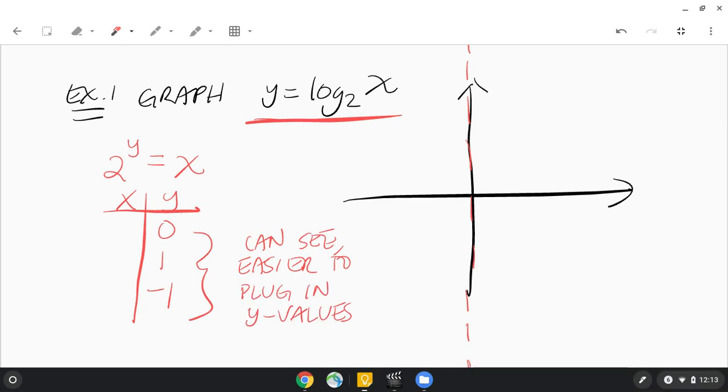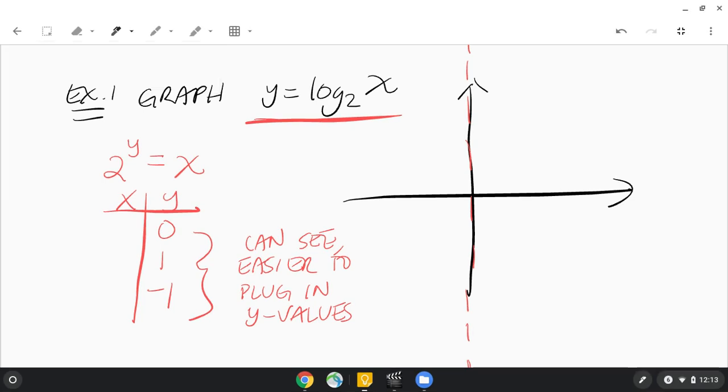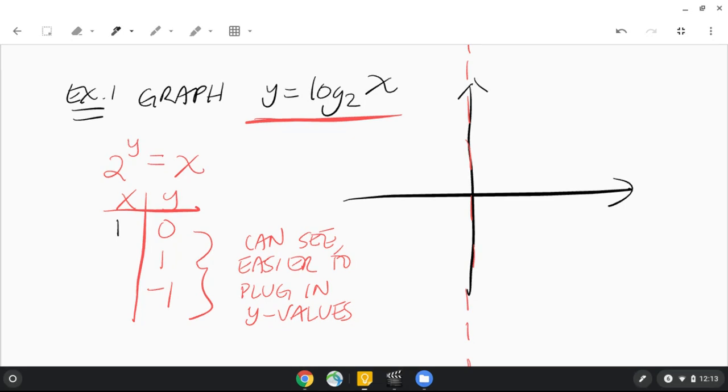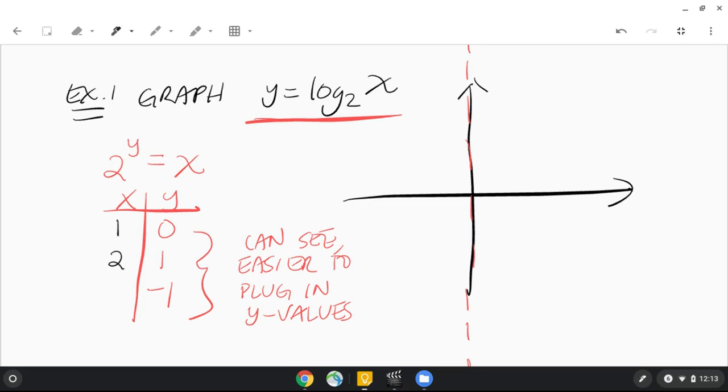All right, so let's go ahead and find the x coordinate. When I plug in 0, what's 2 to the 0? 1, good. When I plug in 1, what's 2 to the first power? 2. And when I plug in -1, what's 2 to the -1? 1/2.